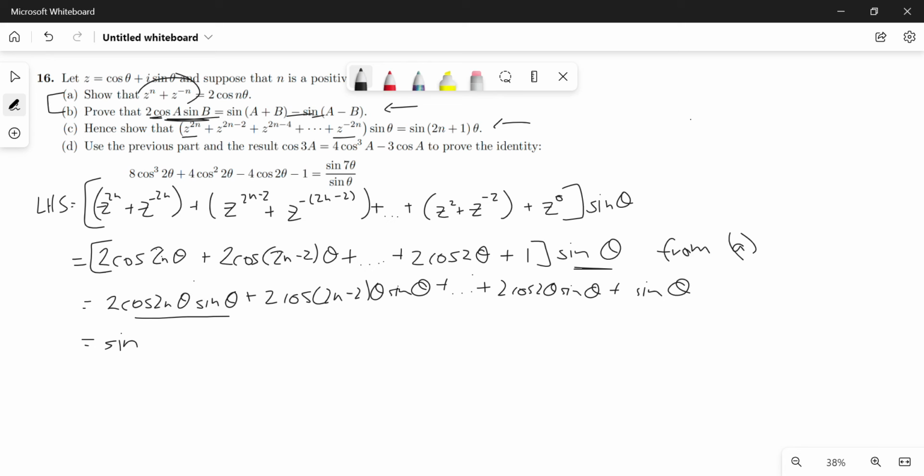How am I going to write that? (2n plus 1) thetas. And then don't forget this part, which is minus sine, A minus B this time. So 2n theta minus theta is (2n minus 1) theta. I hope I've got that right.